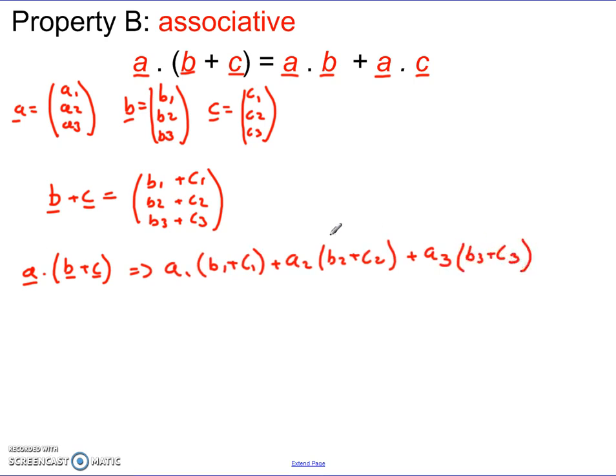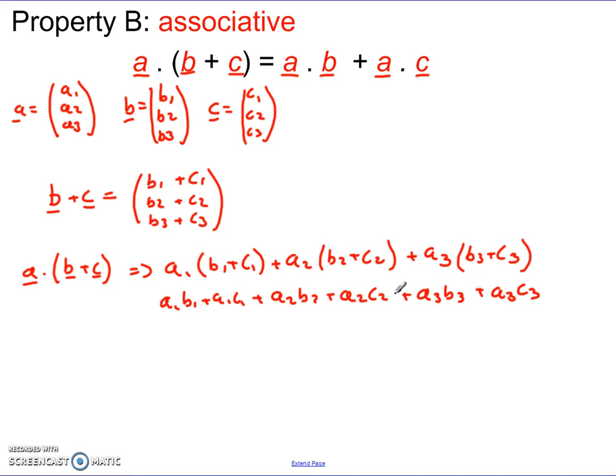Now, what I'm going to do is multiply out all of these brackets. So I get A1 B1 plus A1 C1 plus A2 B2 plus A2 C2 plus A3 B3 plus A3 C3. What I can now do is group the vector parts together with their associated parts.